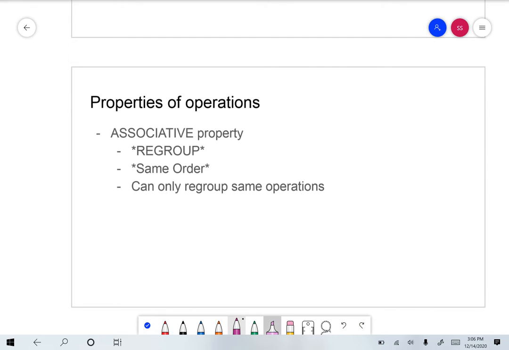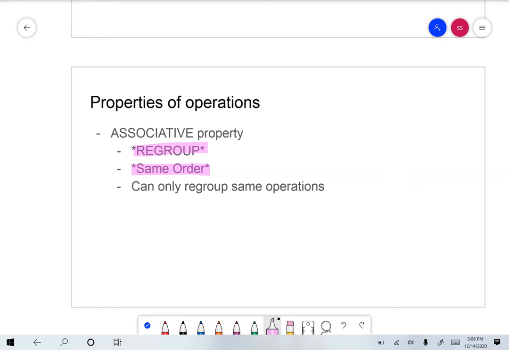So with associative property, we're actually regrouping, but we have the same order of the numbers. Okay, and this also has the same rule of only regrouping the same operations. Okay, but let me kind of back up a little and talk about maybe first a way to remember that it's regrouping, not reordering, and then talk about what regrouping means.